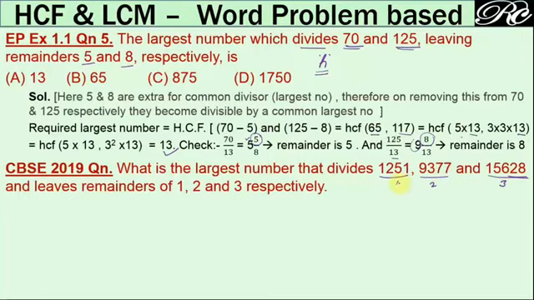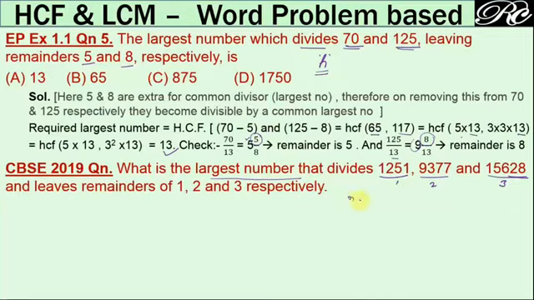Means if we subtract 1 from the first number, 2 from the second number and 3 from the third number, then that will be divisible by the largest number which we have to calculate.